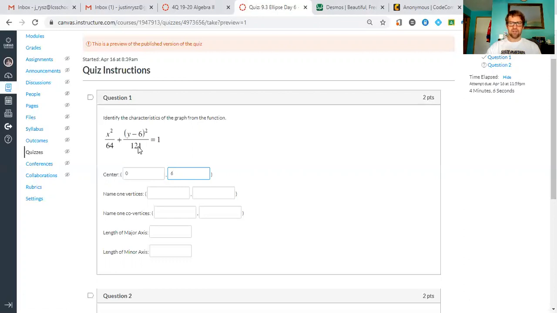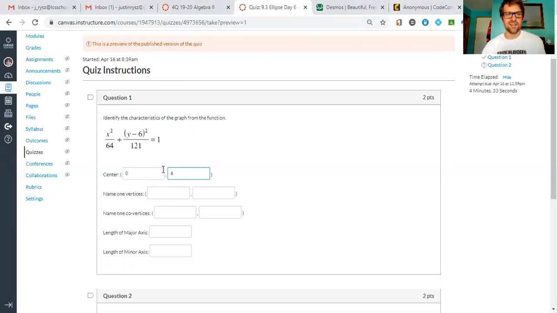And I'd have to figure out its distance by taking the square root of that, which would be 11, and then adding or subtracting that to the y part of the center. So the x would be left alone, and to the y part of the center I'd add 11, or I would subtract 11. It actually doesn't matter since it just says name one of them. And we'd get 17 or -5.